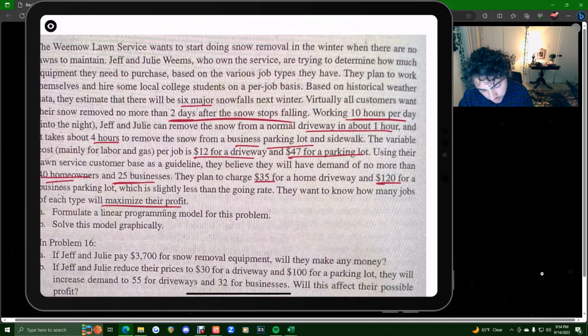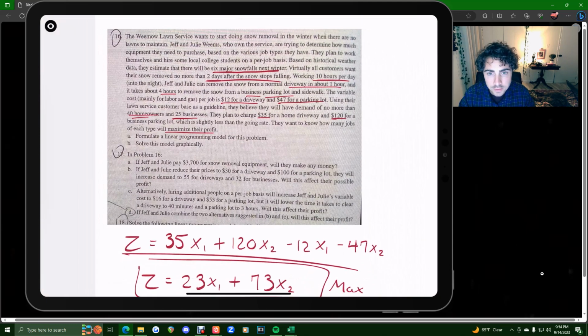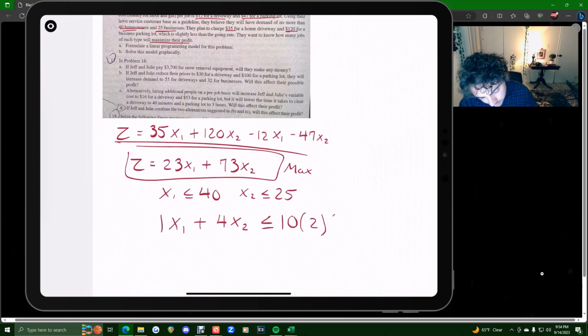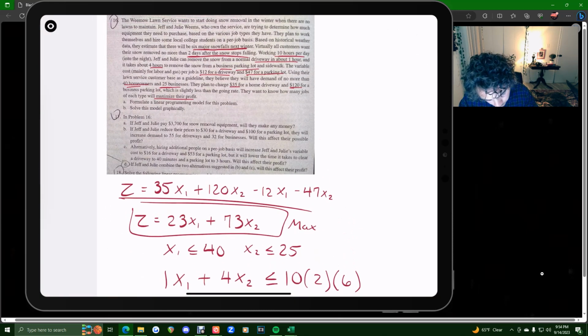But not just the 2 days and the 10 hours, it's 6 major snowfalls. So we have to consider the entire season. So not just 10 times 2, but 10 times 2 times 6.